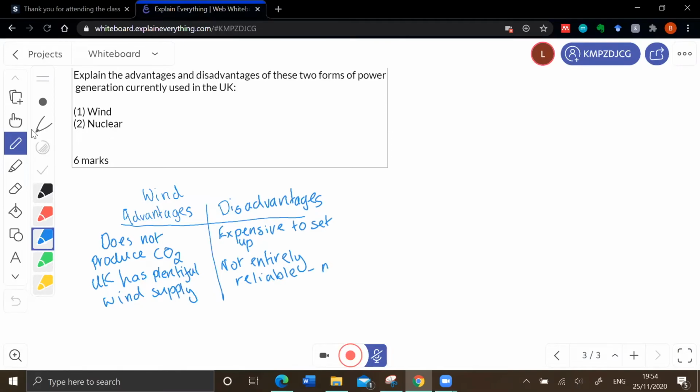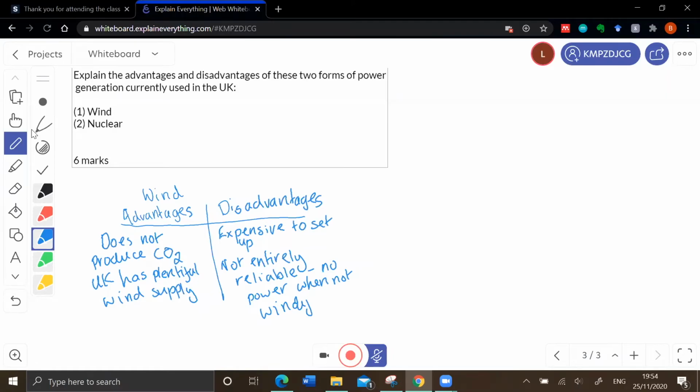So no power when not windy. But that depends on where you put these things. Some places will have a lot of wind.